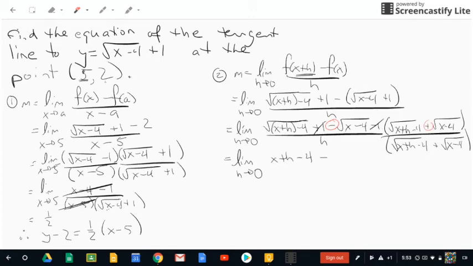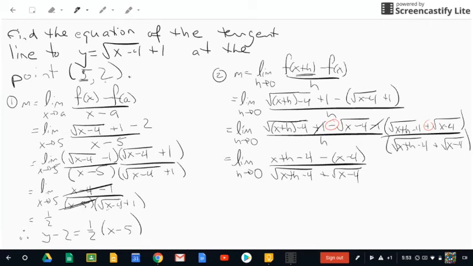So when I multiply the negative root of x minus 4 by the positive root of x minus 4, I'm going to get a negative as a result. Still, the radicals will cancel, and I'll be left with x minus 4 over the square root of x plus h minus 4 plus the square root of x minus 4.